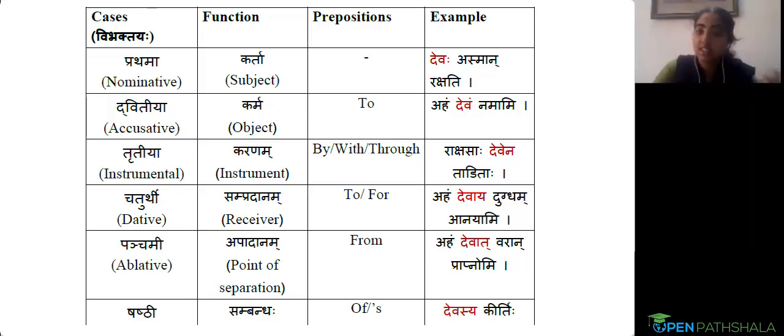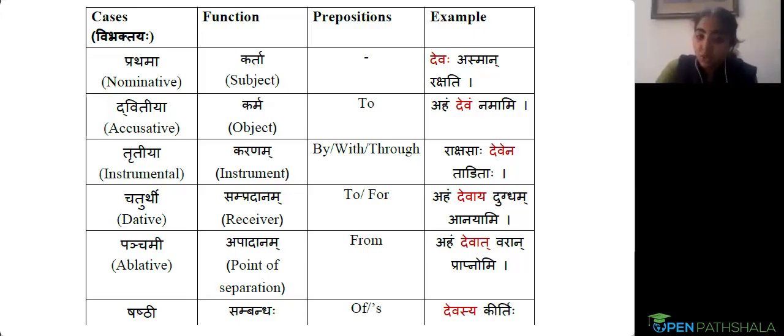God protects us. So there is no need of any preposition. Aham devam namami. When deva is used as object, either there is no preposition or the preposition is to. I bow down to the Lord is one way of saying it, or I salute God is another way of saying it. So when you are trying to translate devam into English, the preposition that you use is either nothing, nil, or to.